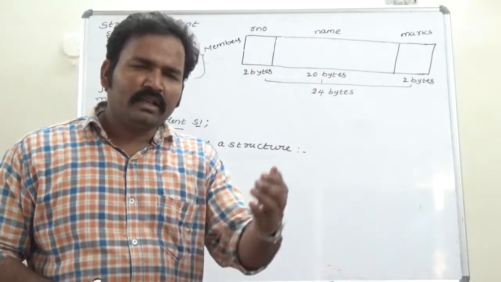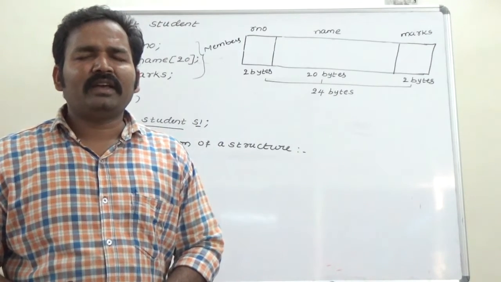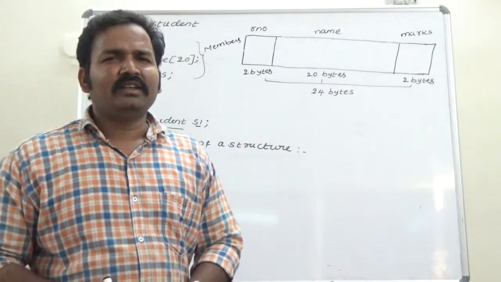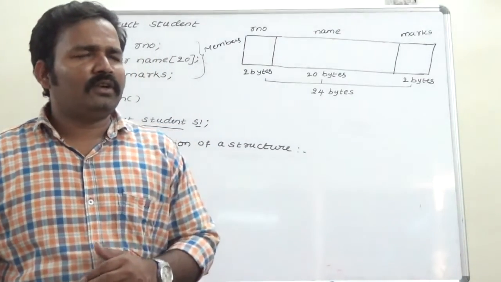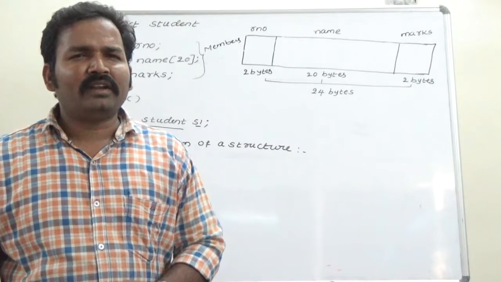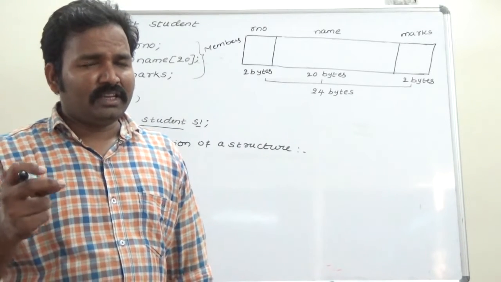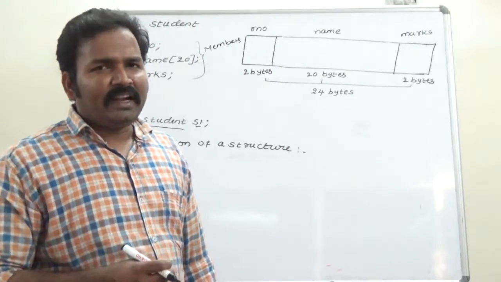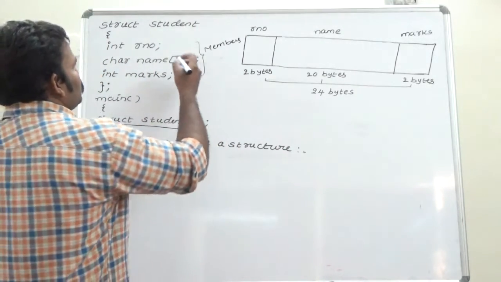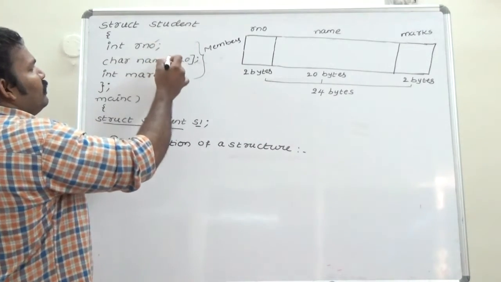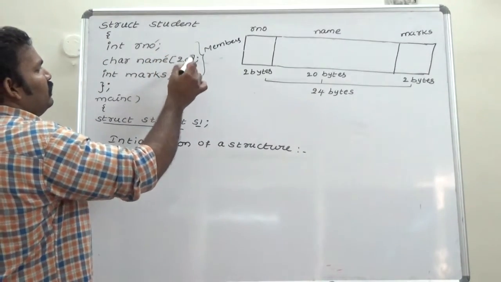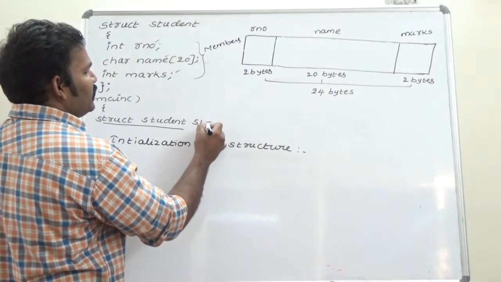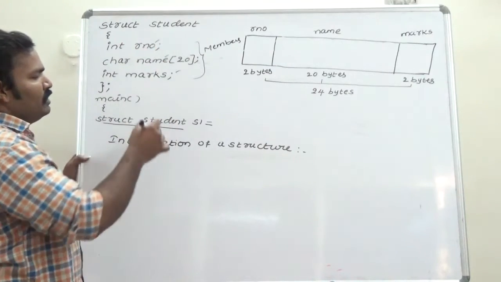That means we can give elements in the program, and we should remember one point: we can give structure elements in the order in which we declared them. First we declared roll number, then name, then marks. Here I am assigning some elements to these members.